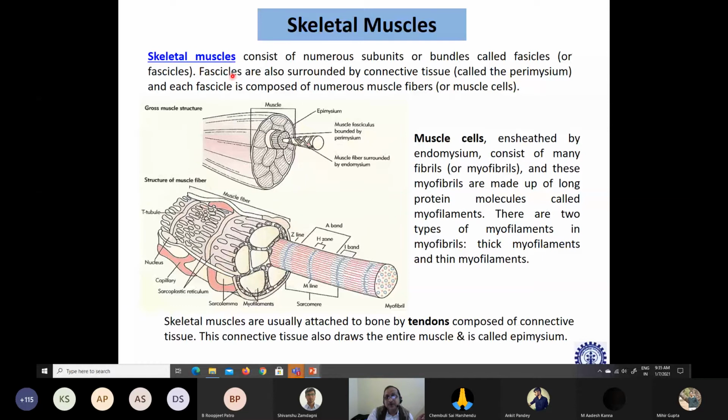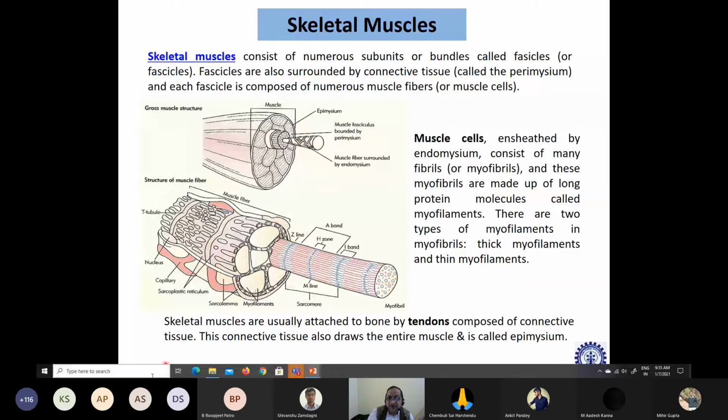Skeletal muscles consist of numerous subunits or bundles called fascicles. Fascicles are also surrounded by connective tissue, and each fascicle is composed of numerous muscle fibers. Okay, so this is a muscle fiber. You can see the structure of a muscle fiber. So this is a little descriptive part of the skeletal system.